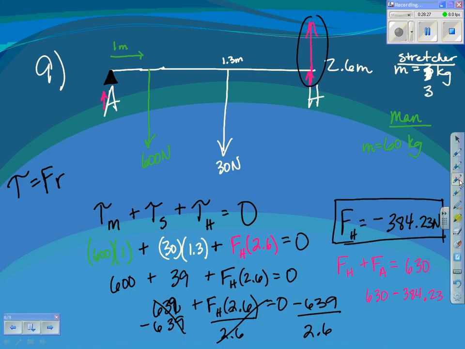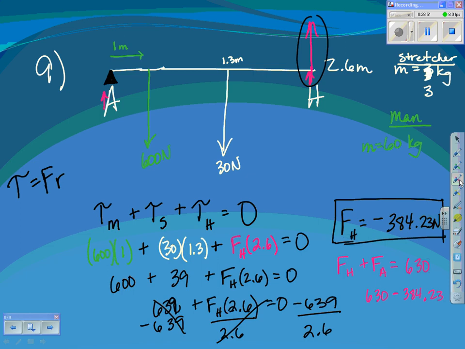All right? So when I do the 630 minus the force of Hank, I'm going to get that Anita's force is, oops, that's bad. I did the calculation wrong. That's what I get for not doing this. 639, I just looked off my paper, divided by 2.6 is not right. I'll be hollering.